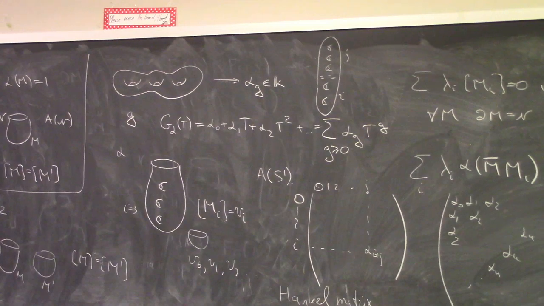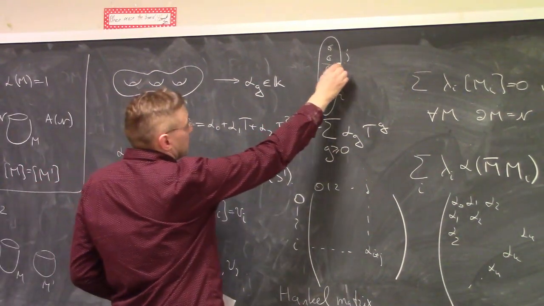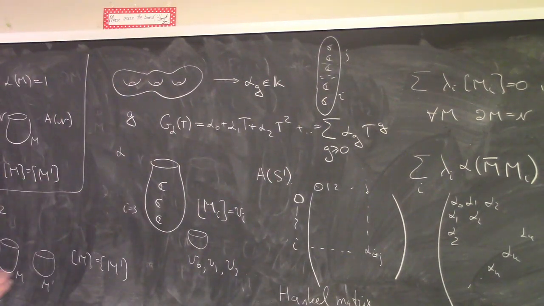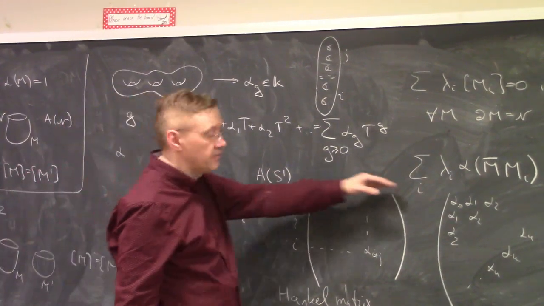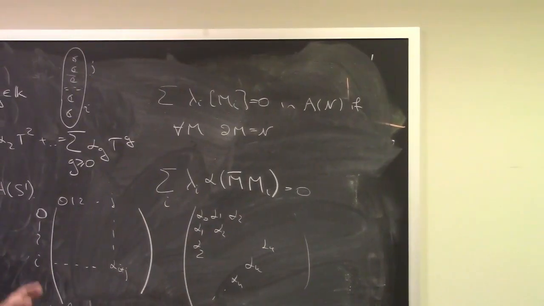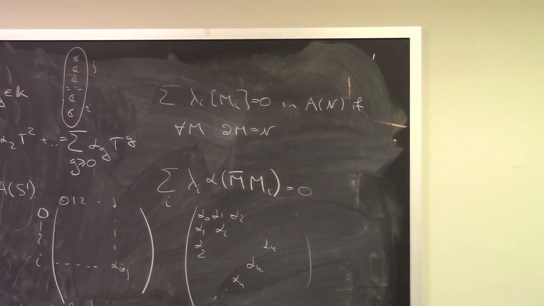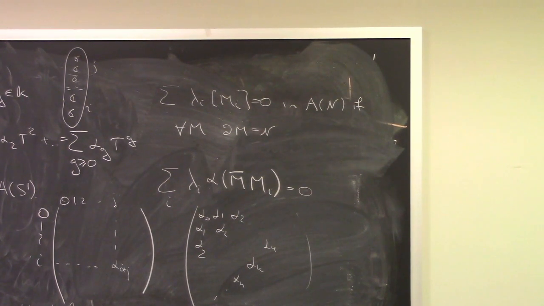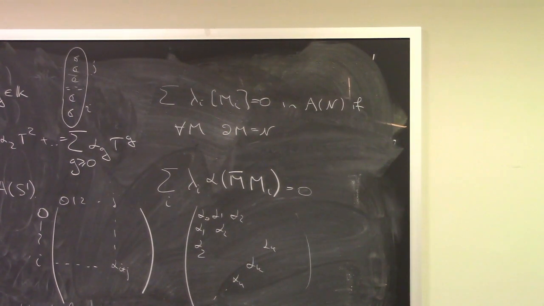In other words, if you have genus k, you can cut in different places. So that's a Hankel matrix. And in our case, it's infinite, because it has infinitely many rows and columns. For generic, randomly chosen alphas, this matrix will have infinite rank, with no relations on rows and columns.